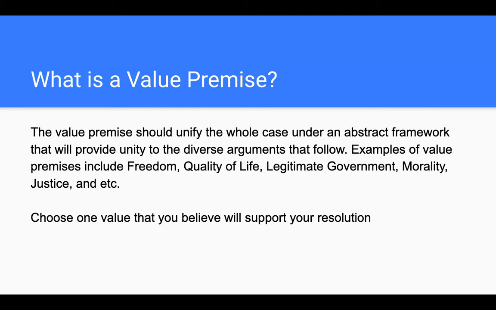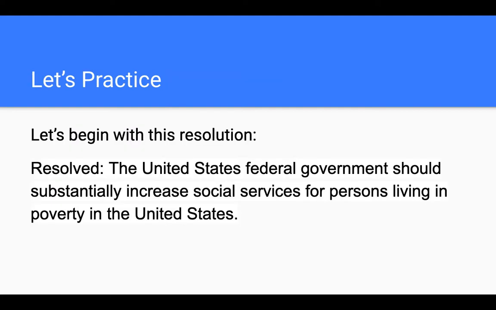And that framework supports the different contentions that follow it. So you have a value premise worksheet that I gave you that has the list of all the different values. You want to choose 1 to 3 values that support your resolution. For the assignment, I'm asking you to choose 3 values.